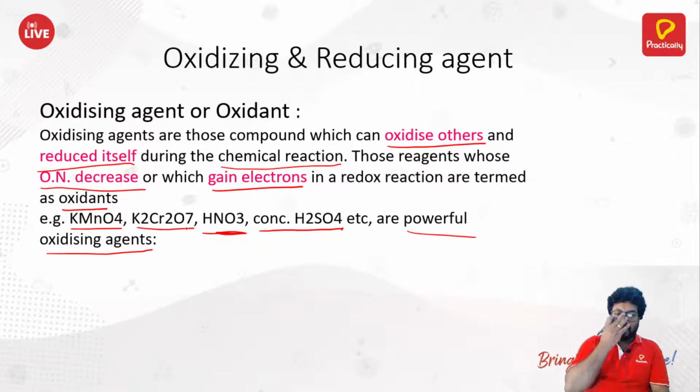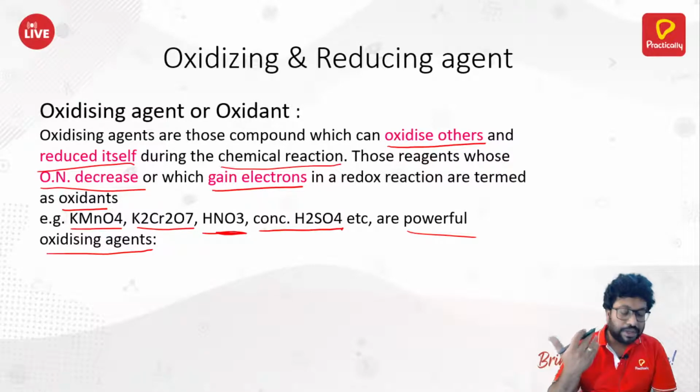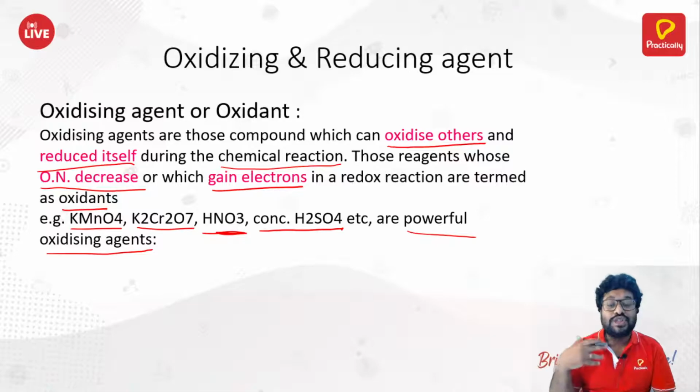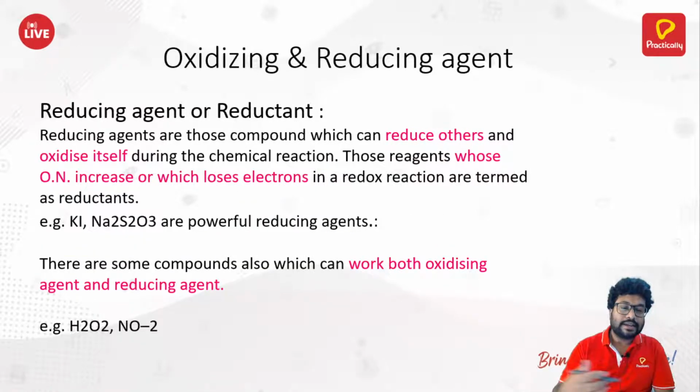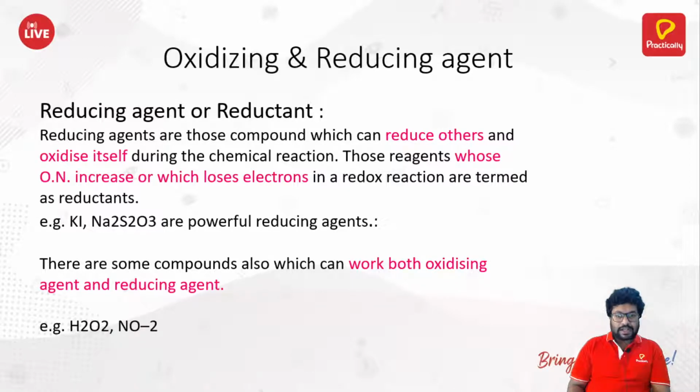Now, if these are the oxidizing agents, what must be your reducing agent? Something which is exactly opposite to this. What is it? Reducing agents are those compounds which can reduce others. Now, oxidizing agents were oxidizing others. So, what will a reducing agent do?